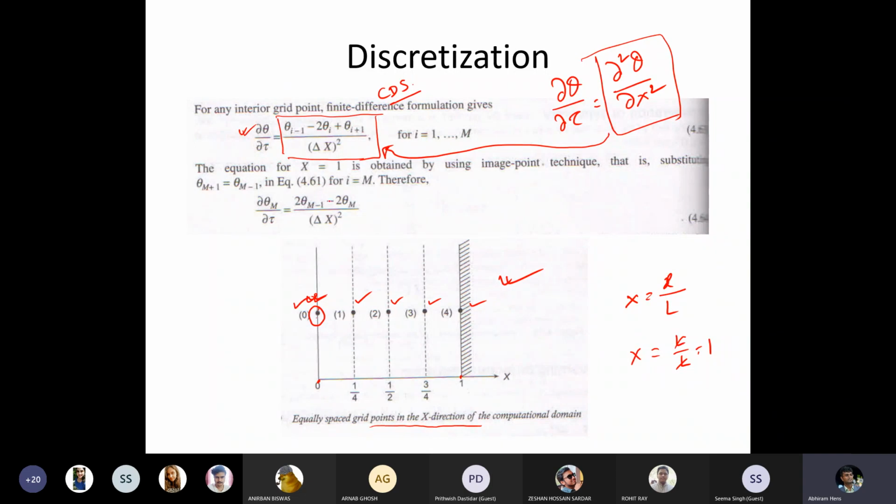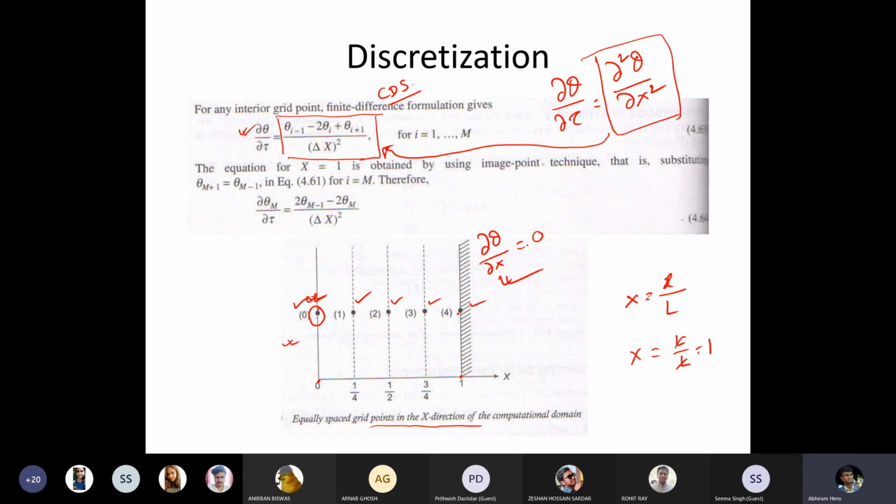So the equation for x equal to 1 is obtained by using the image point technique, that is substituted by theta m plus 1 equal to theta m minus 1. Now this is an important technique, let me spend some time here. At the left hand side the Dirichlet boundary condition is given, the value is given here. But here the value is not directly given, rather delta theta by delta x equal to 0 is given.